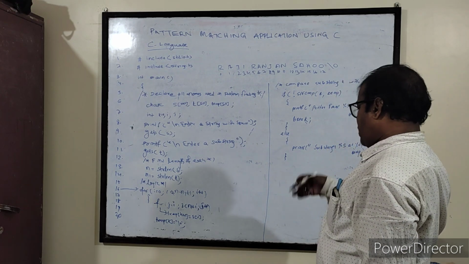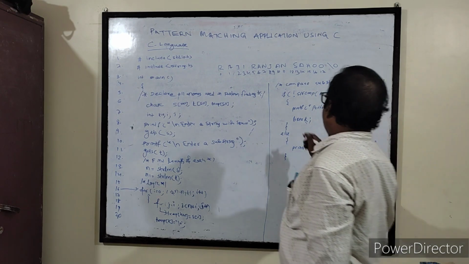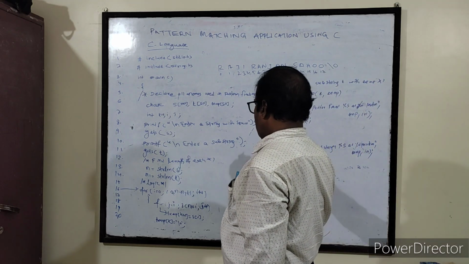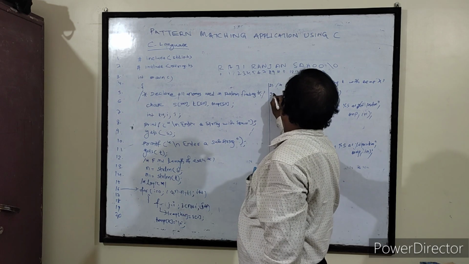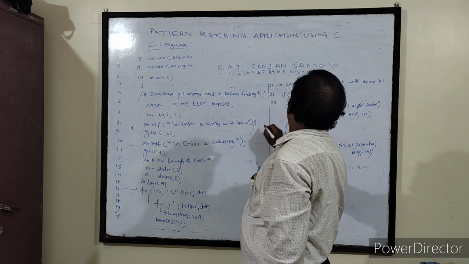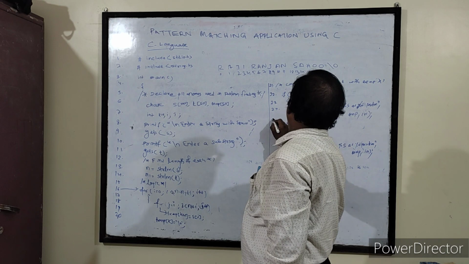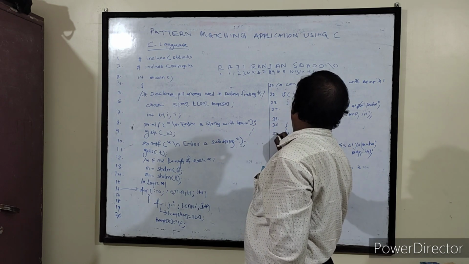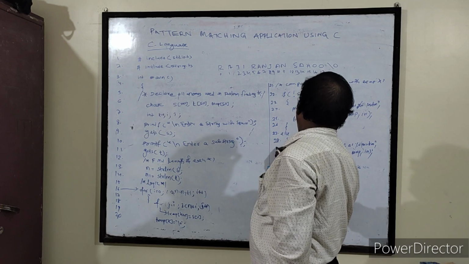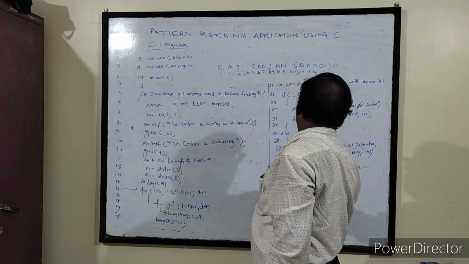So each and every time, continue with this line number 20, 21, 22, 23, 24, 25, 26, 27, 28, 29, 30.